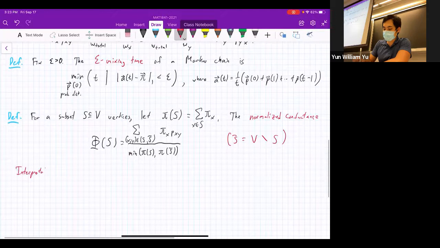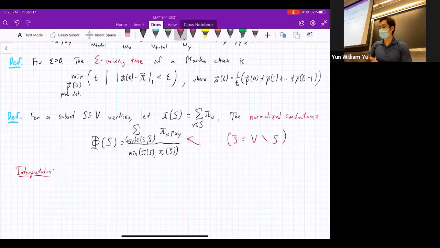Interpretation. Note one other thing: this top part is almost symmetric in some sense, because pi x pxy is equal to pi y pyx, since we're at stationarity. So you can swap the positions of S and S bar, and the top is still going to remain the same.